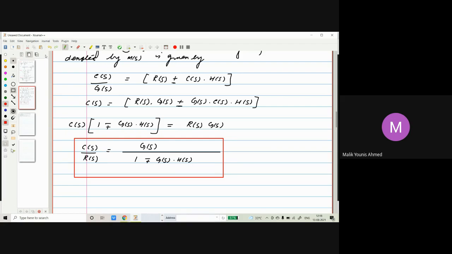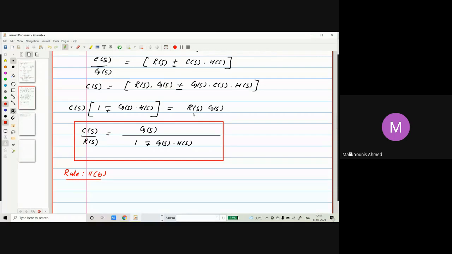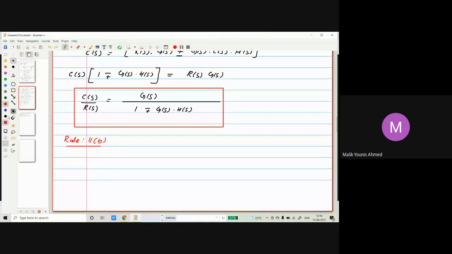This is rule number 11B. It is not similar to the previous rule, but it can be extended from this rule only.